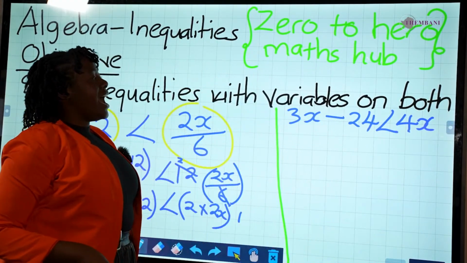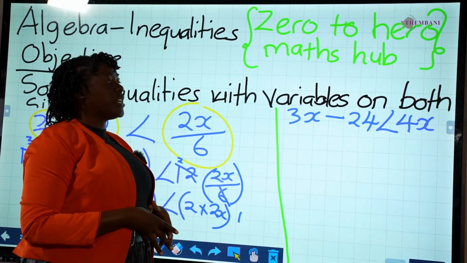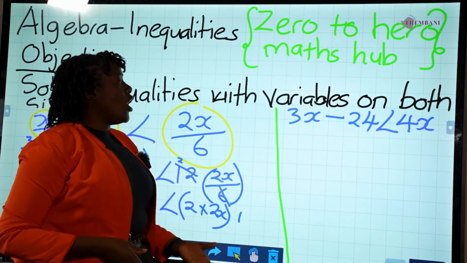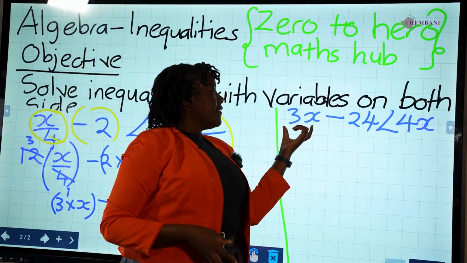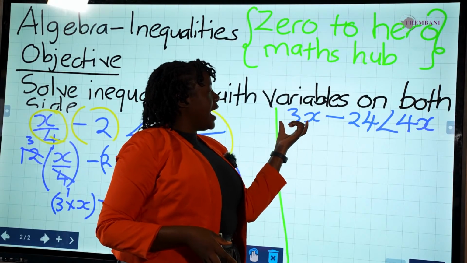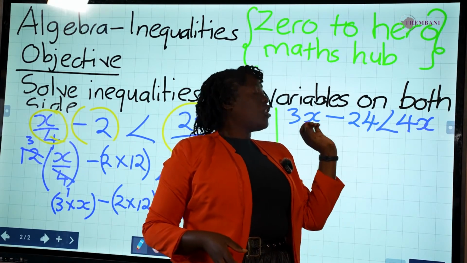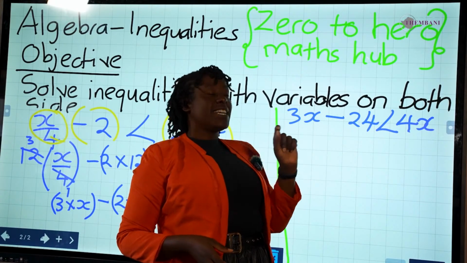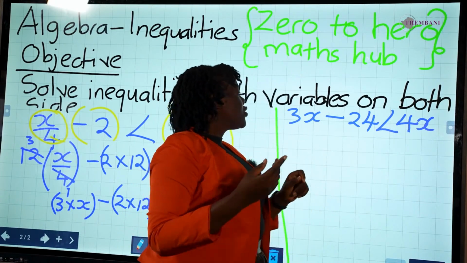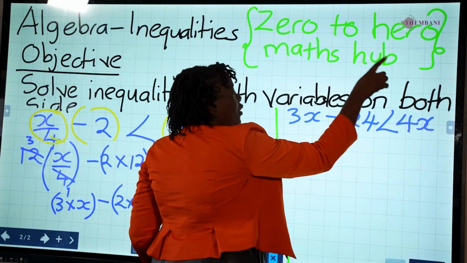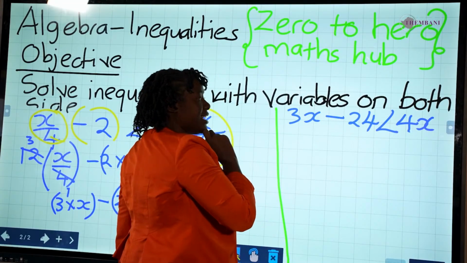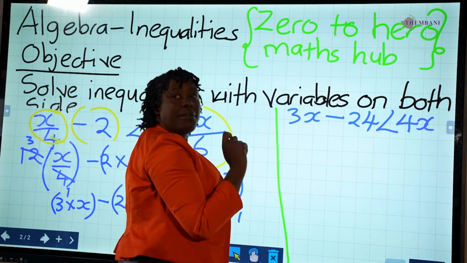From there, I'm going to do the same thing that I've been doing, grouping like and unlike terms. This variable 3x, I have to move to that side because they are like terms, in the sense that they both have x. If I move it across, it changes its sign. It was positive, so it becomes negative.